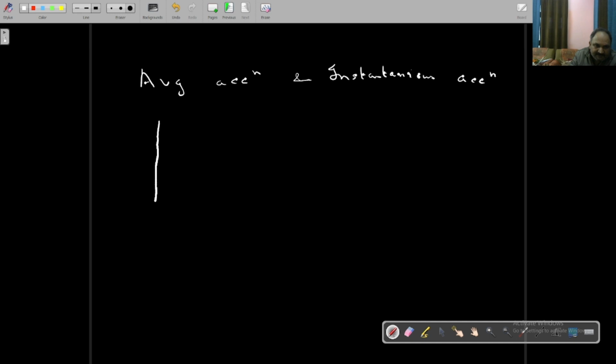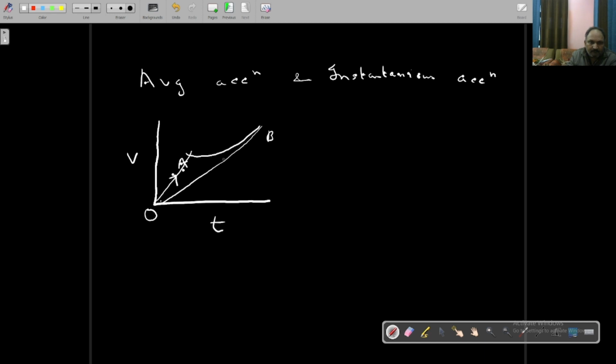Now we will draw a velocity-time graph, and again take a curve with points A and B. Now join these points with the origin. This is OA, OB, okay.